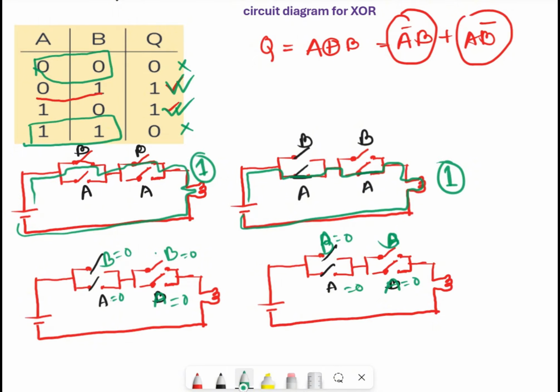So A 0, B 0, and B 0, and A 0. Indeed, all these four switches are open, so there will be no current flow through here as well. So this is actually justified for the XOR gate. So this is the circuit, right?